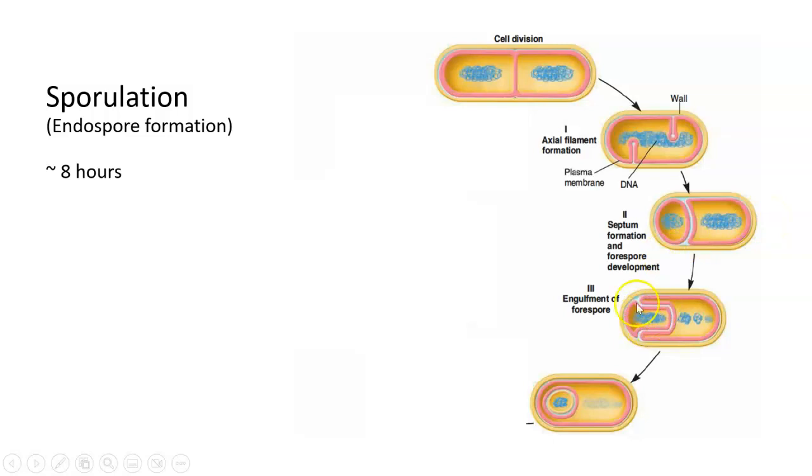Now, one of those structures, the forespore, or the precursor to the endospore, is going to be engulfed or taken in by this cell here. And you can see that finished process down at the bottom. You've got the forespore completely inside of the cell.